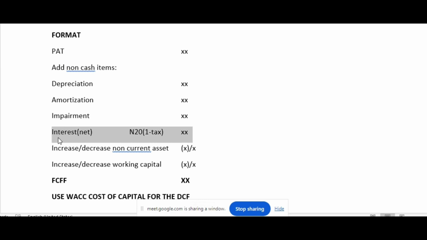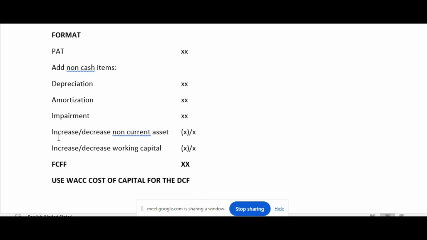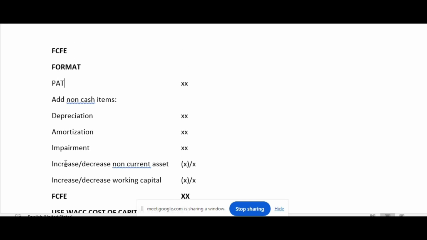They are expecting dividend, or an equity holder can go for dividend or capital appreciation. So one of the differences is that there is no interest in free cash flow to equity.